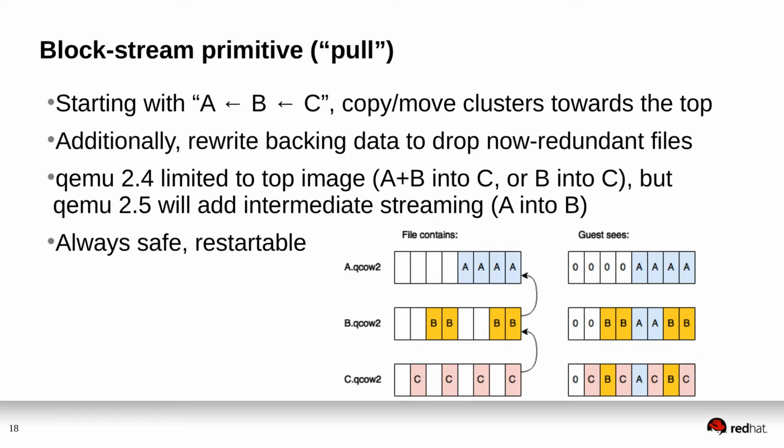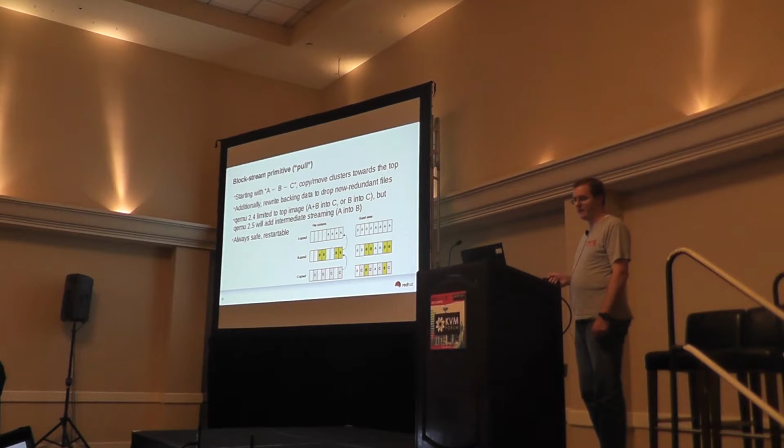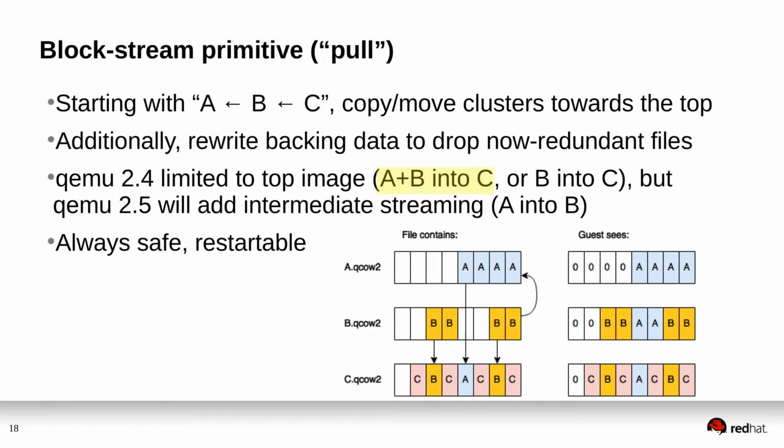Our first block operation primitive is the block stream. We're going to start with chain ABC and copy or move clusters towards the top. Once we've done that, we can rewrite the backing chain to drop any redundant files. With QEMU 2.4, you could copy from anywhere in the backing chain into the active image.